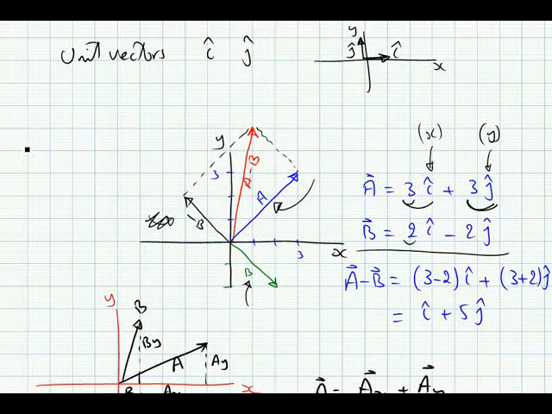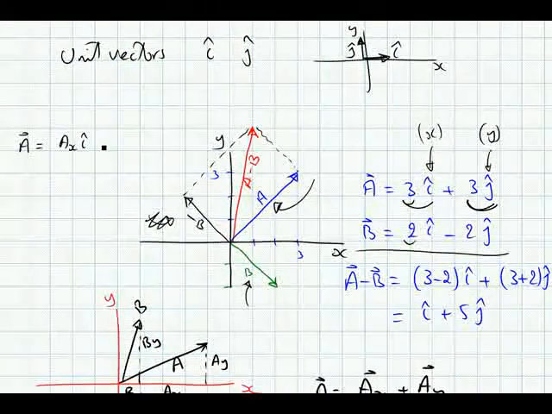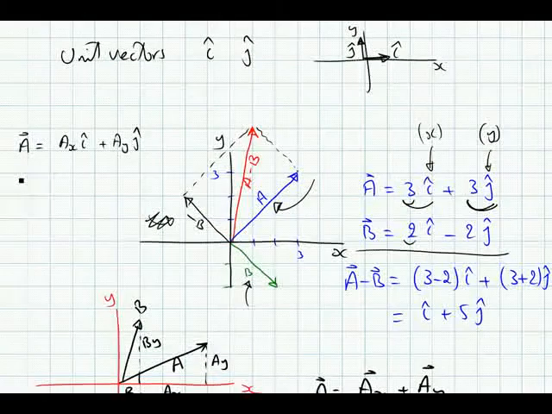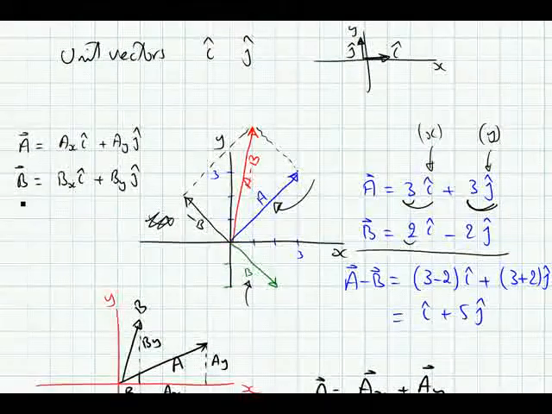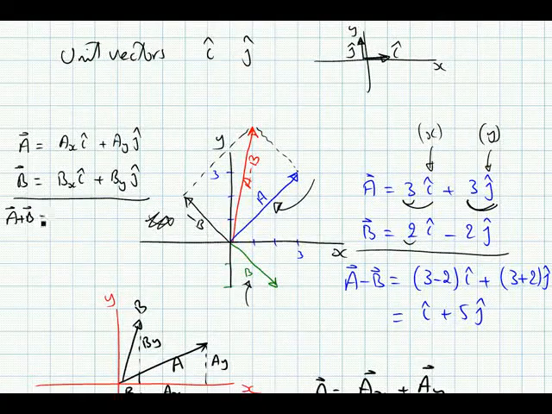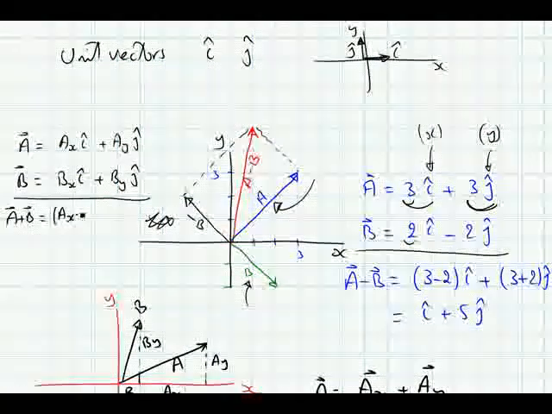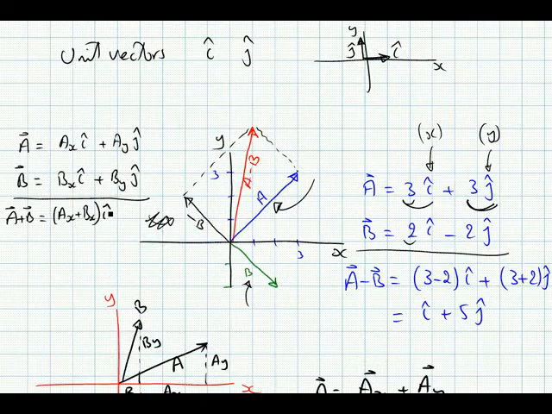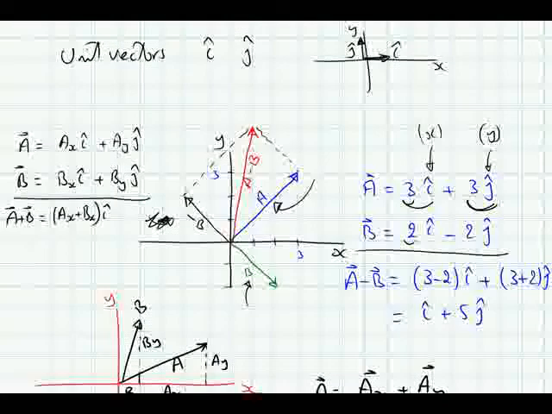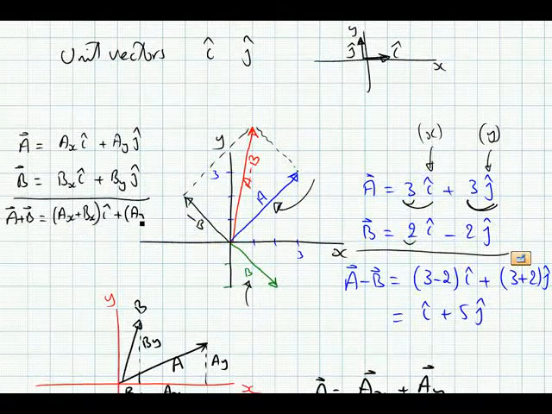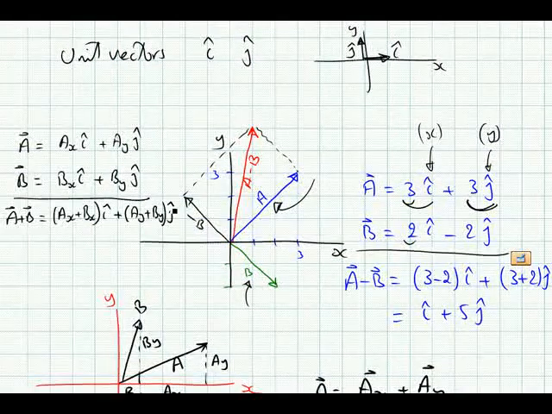So if you have a vector A which has ax along the i direction plus ay in the j direction, and vector B is bx along i plus by along j, then A plus B is simply the sum of the x components, ax plus bx along i, plus ay plus by along j.